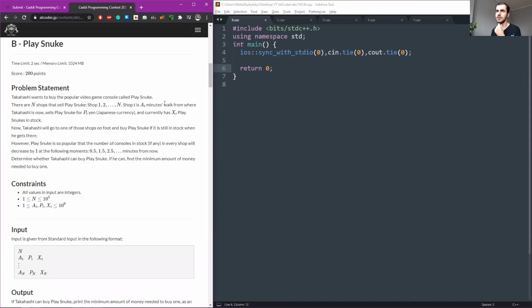Shop i is A_i minutes walk from where Takahashi is now, sells PS for P_i yen and currently has X_i PS. He will go to one of the shops on foot and buy PS if it is in stock when he gets there.